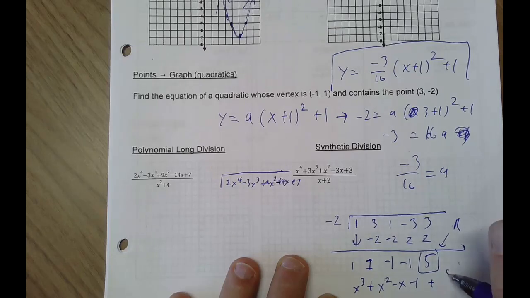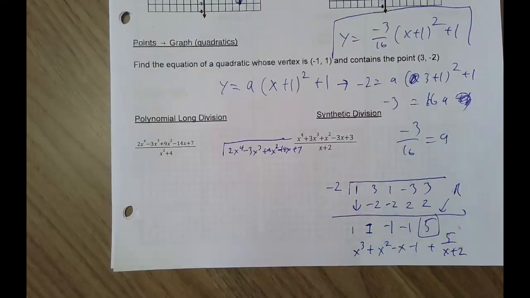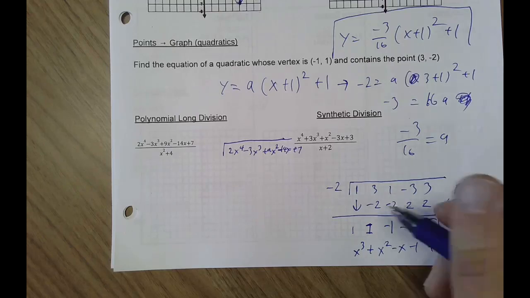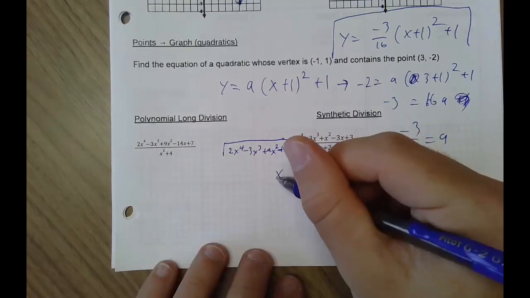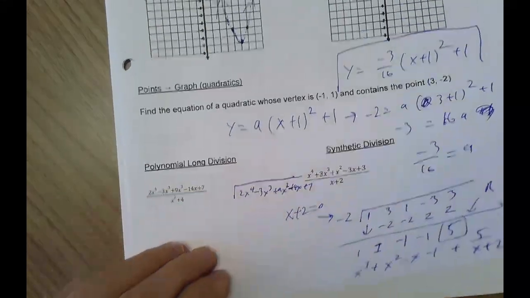This would be plus 5 over x plus 2. Okay. This negative 2 comes because we set x plus 2 equal to 0. That's how it comes down.